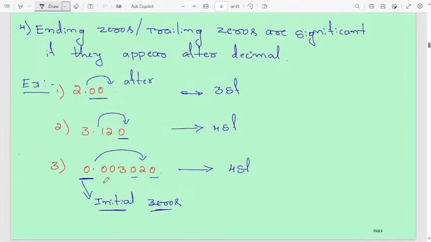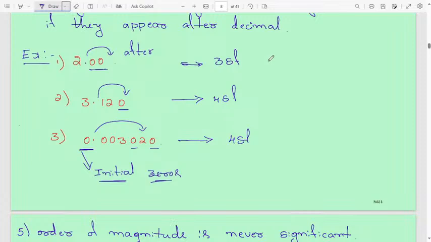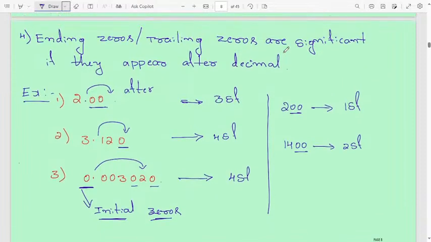Then I will write another two examples here. 200 has one significant figure. These two ending zeros we will not consider as significant. Then 1400 has two significant figures. These two zeros I will also not consider as significant, because we consider ending zeros only if you have a decimal.